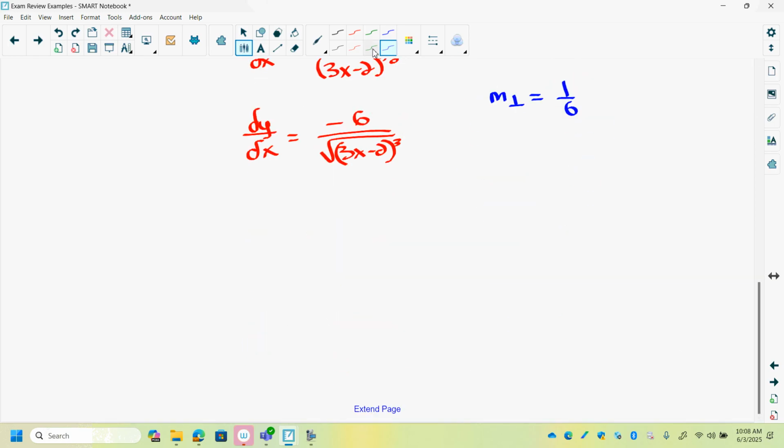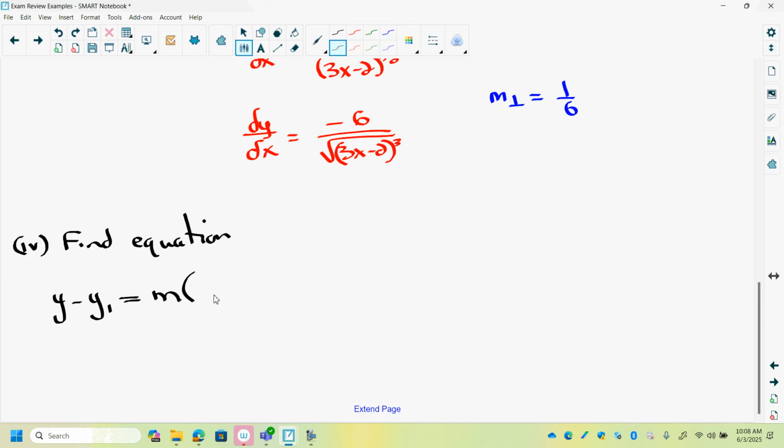Who remembers what to do for step 4? How do I find the equation of any line? y minus y1 equals m times x minus x1. So what would I fill in for my y1 value?